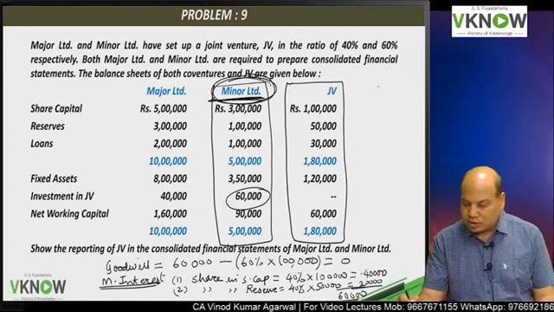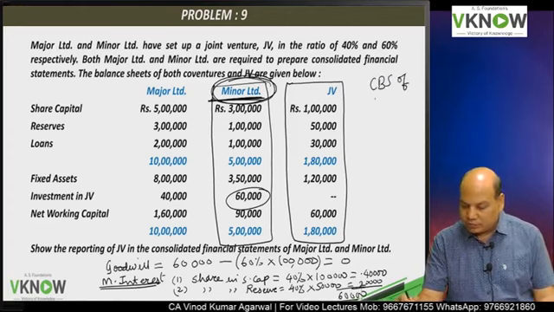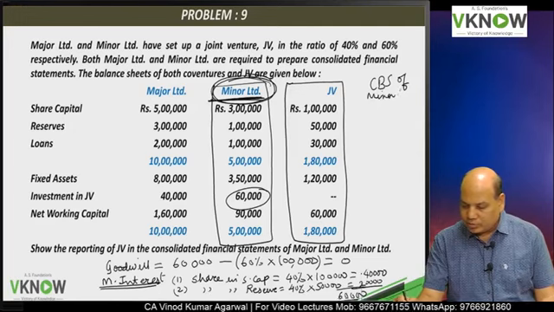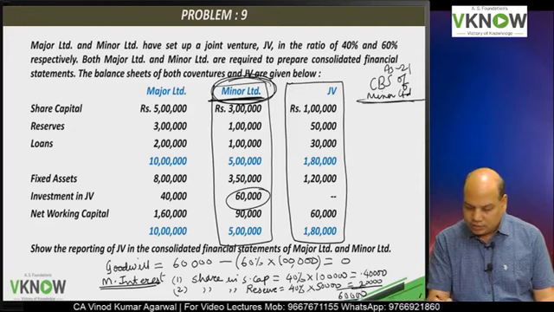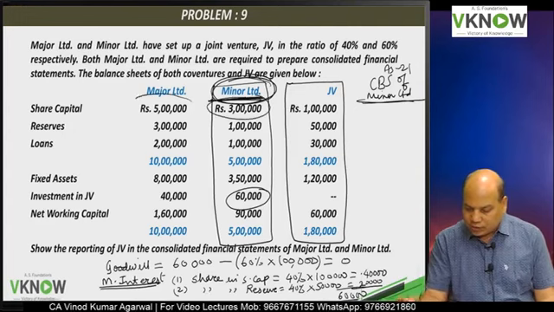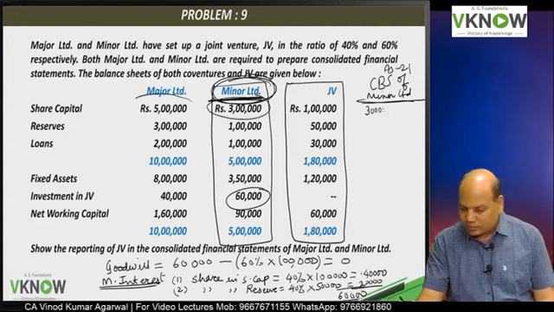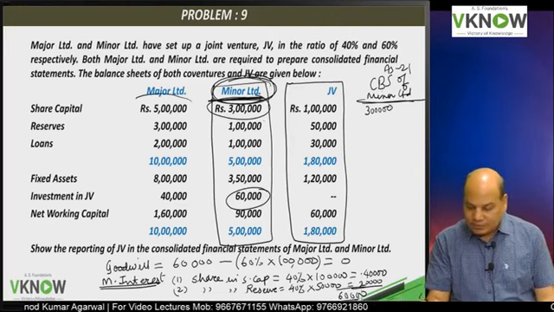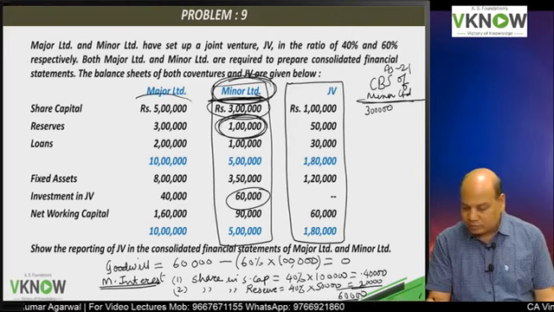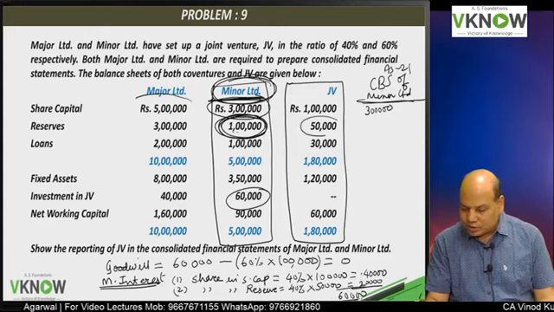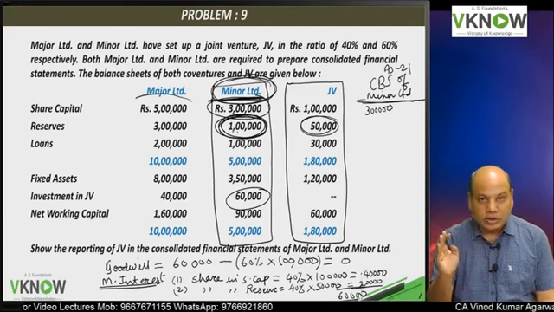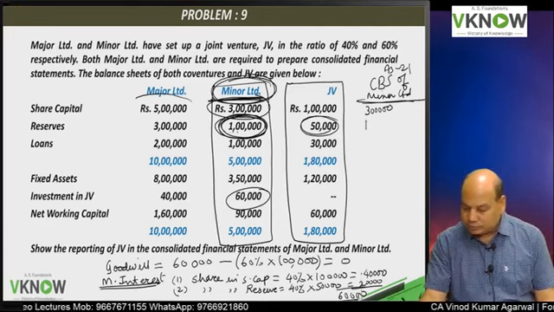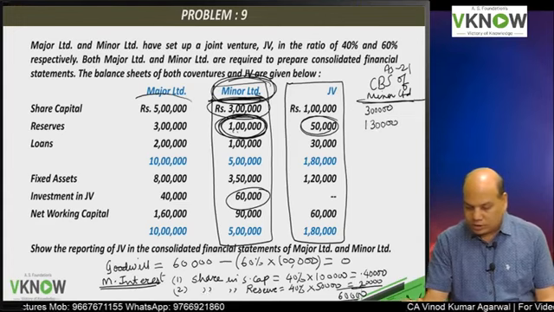So now what will be the consolidated balance sheet of minor limited? It will follow AS21. I repeat, it will follow AS21. So 3 lakh share capital will appear as it is. Reserve, this 1 lakh, and 60% of 50,000, that is 30,000, plus 1 lakh, 1,30,000.